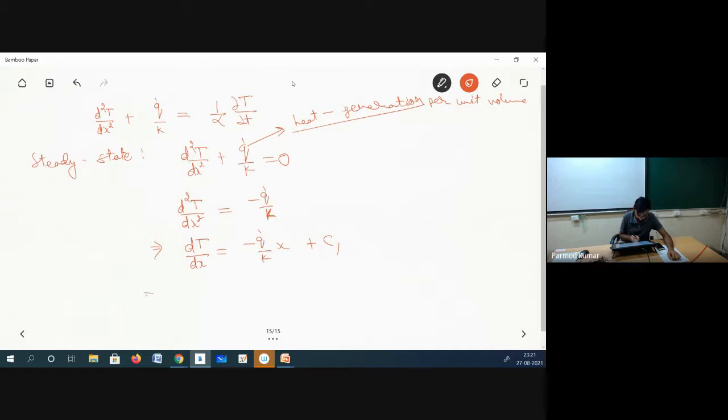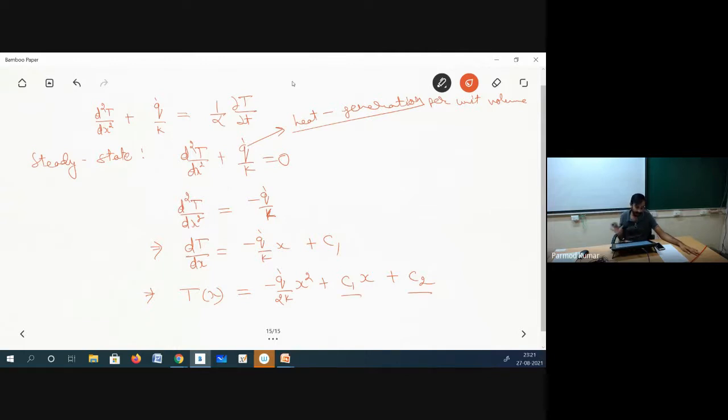Is it correct? Yes, sir. If I integrate twice, it will become T equal to minus q dot by 2k into x square plus c1x plus c2.